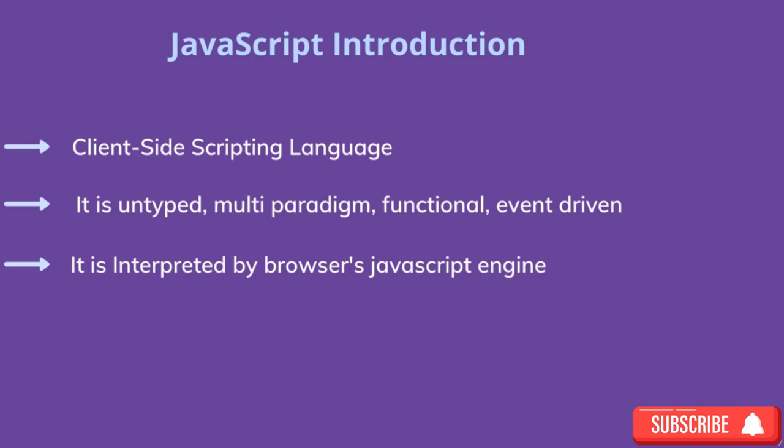So for that, as mentioned, every browser has a JavaScript engine. For example, for Chrome, it is the V8 engine. For different browsers, it's a different engine. So that JavaScript engine is actually able to execute the code which is written in JavaScript. And make sure while doing this, JavaScript must be enabled for that particular browser. Only then will you be able to see the execution of your JavaScript code.